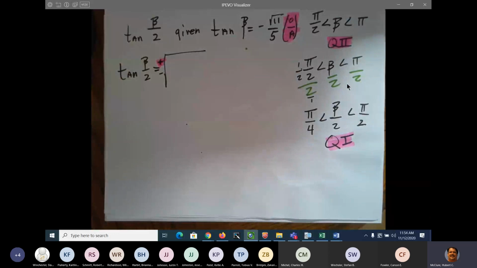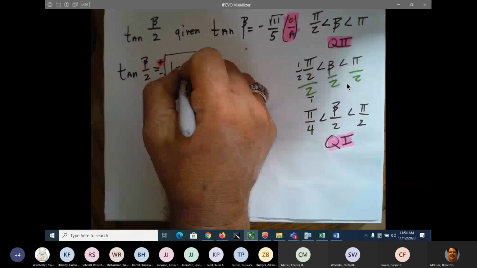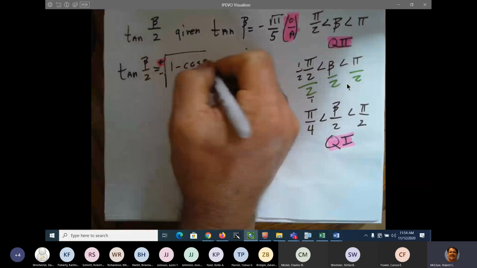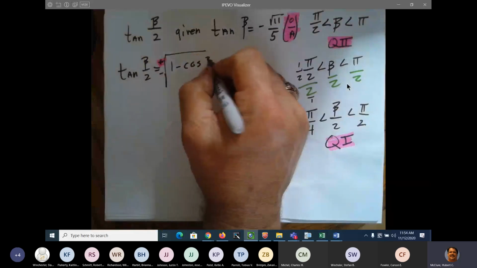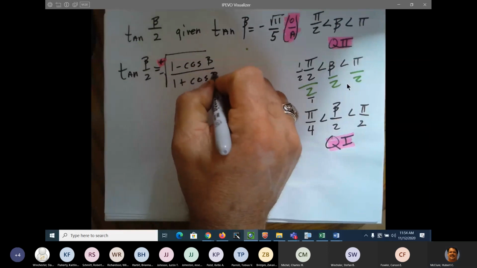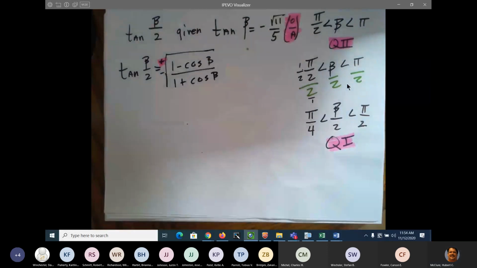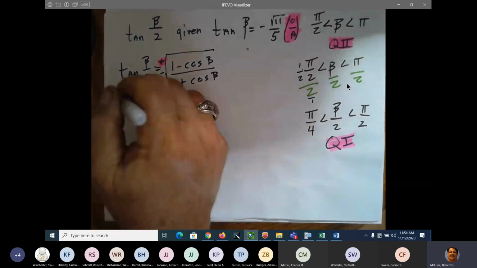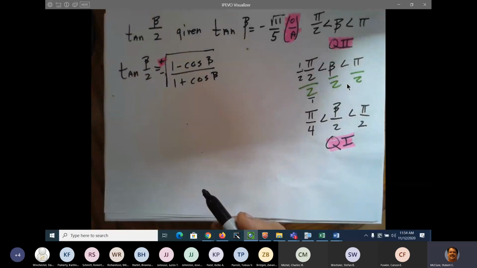And that's going to be 1 minus cosine of beta over 1 plus the cosine of beta. Okay, so all of this, there's one more thing you can do, and that is the Pythagorean Theorem.